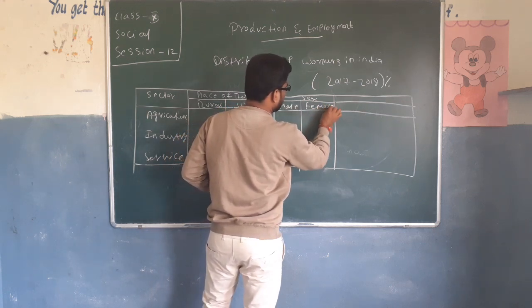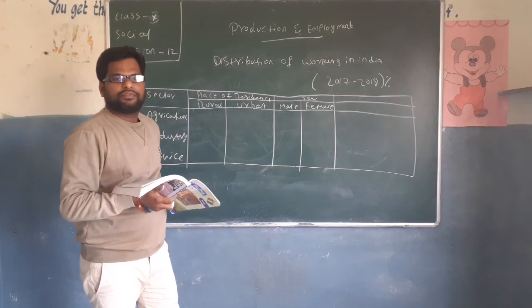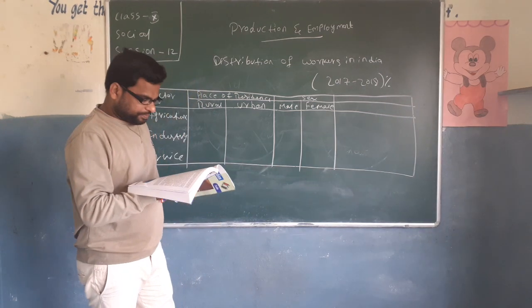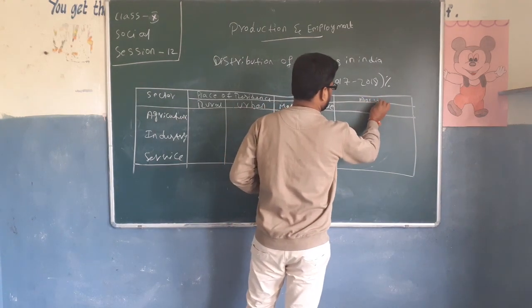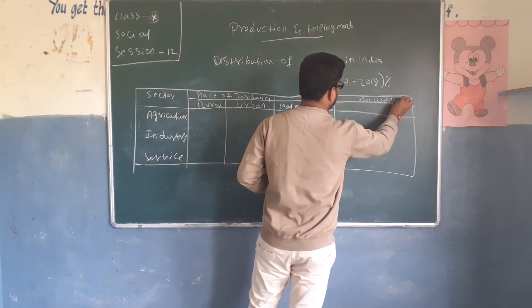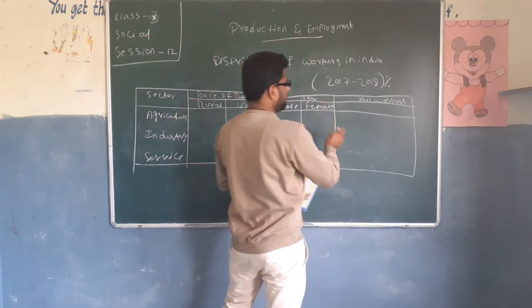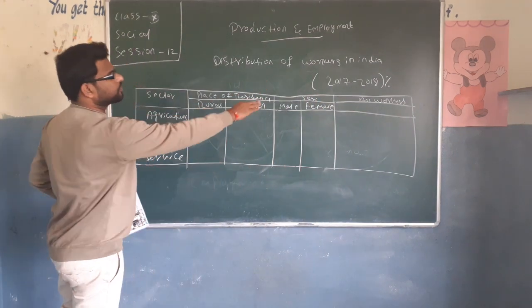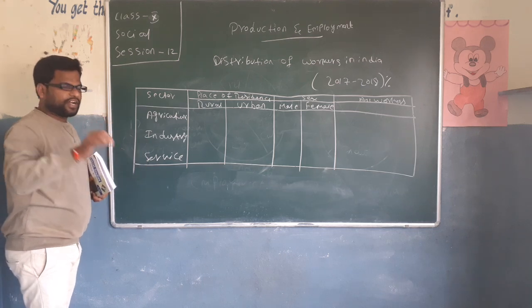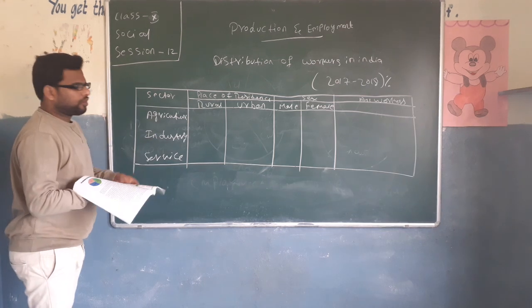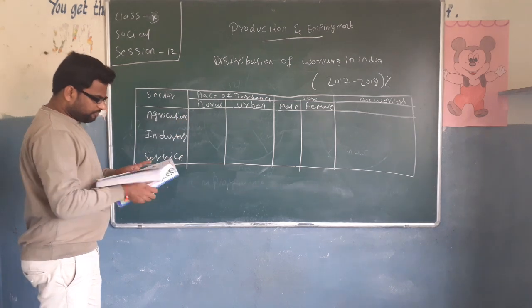How male people and female people are working in the organization. All workers. Now, in the year 2017 to 18, how the people were divided in these sectors. We'll see now agriculture in rural.